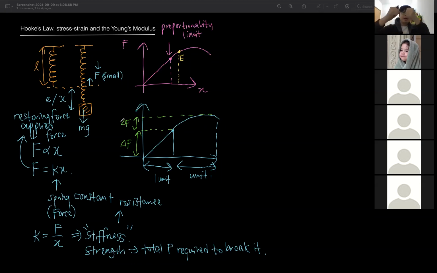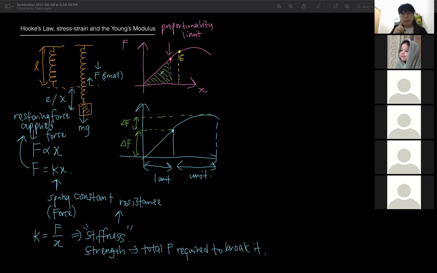So if you stretch beyond the elastic limit, it will not return to the original state anymore. We say that it exceeds the elastic limit. So Hooke's law only applies where? Within the elastic limit and within the proportional graph over here.